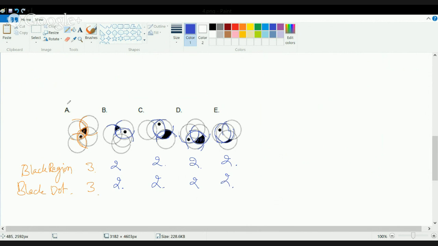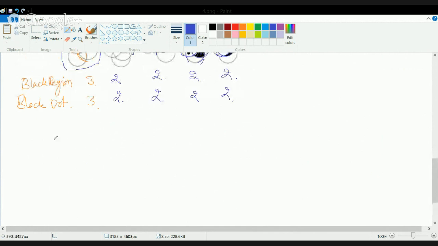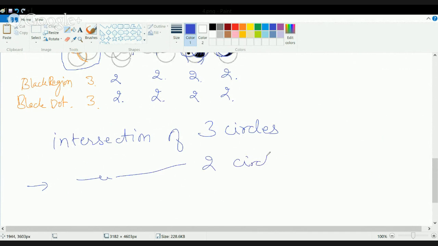So only in case A can we say that the black dot and the black region are formed by intersection of 3 circles. In all other cases it's formed by intersection of 2 circles. Okay. So this way we can understand how there are different concepts in this.